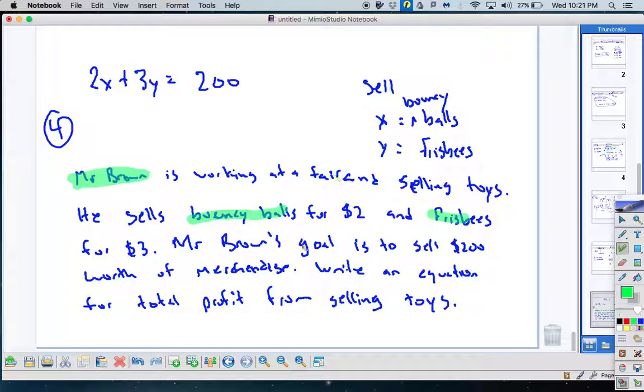I want you to come up with your own examples. This is just my example. So come up with your own examples. Be creative with it. But I don't want to see the same thing over and over again, because all you're doing is copying mine and just changing it.